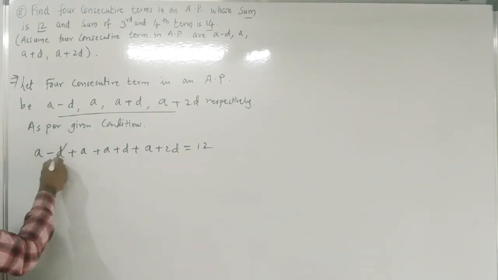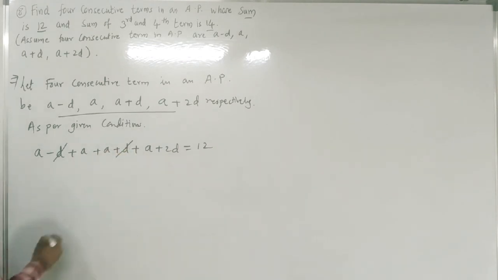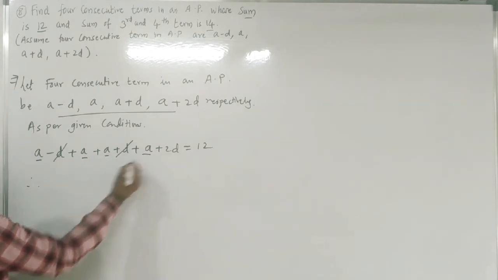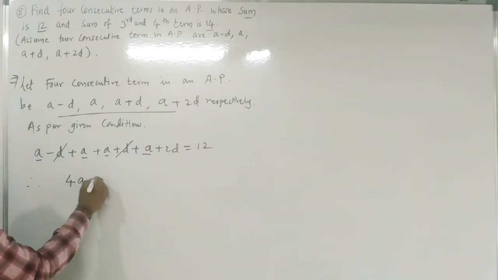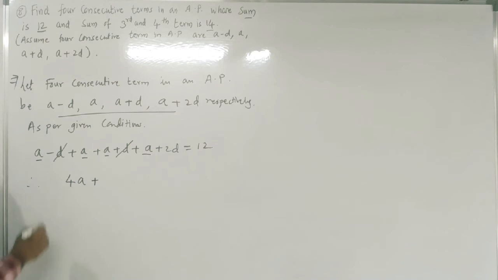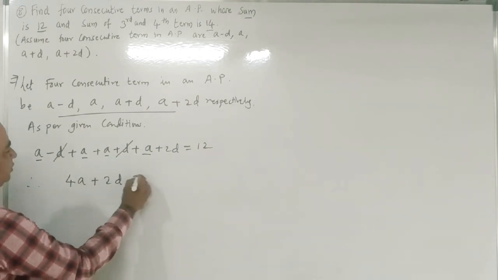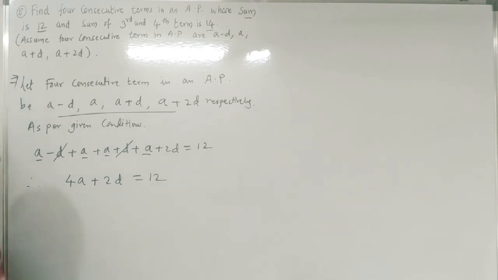Now this minus D and plus D will get cancelled. So we'll get A plus A plus A plus A, that is 4A, plus 2D is equal to 12.